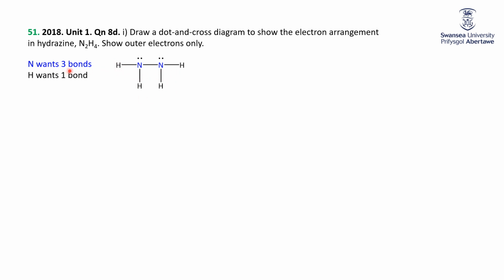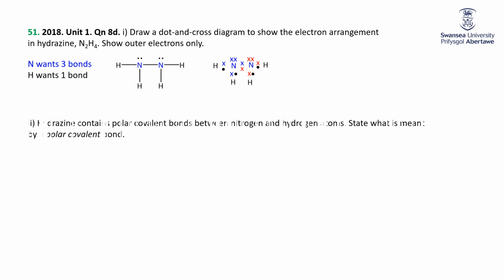Anytime nitrogen wants 3 bonds, it has a lone pair left. Now drawing it in terms of dot and crosses, there we go. So we'll give hydrogens dots, nitrogens crosses, and of course because different nitrogen atoms have different colored electrons, we'll illustrate that too. This really is the better way to think about it. It gives you so much more clear information.